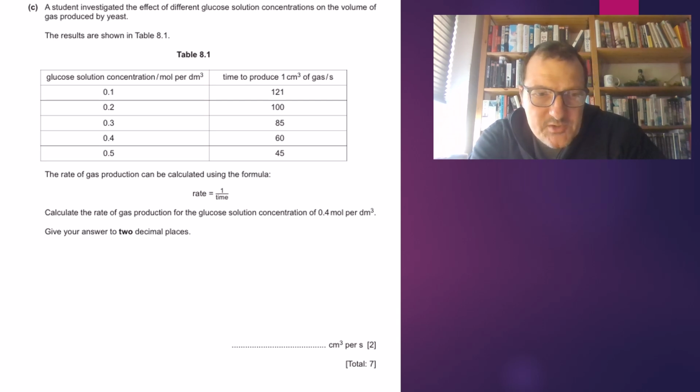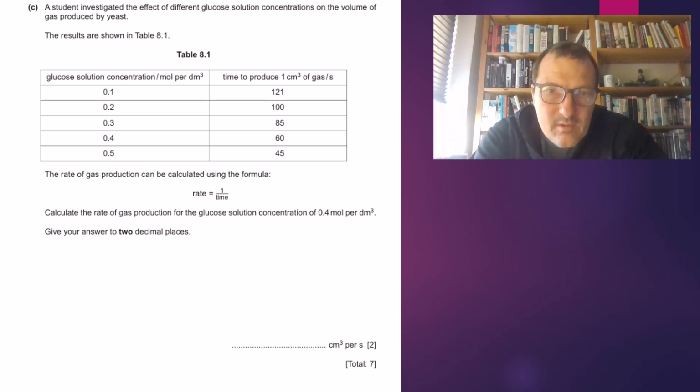Our last question then looks into an investigation of a production where we have a student having different glucose concentrations, and then he looks at the volume of gas produced by the yeast. And then they ask you to calculate the rate of the gas production and give your answer to 2 decimal places.